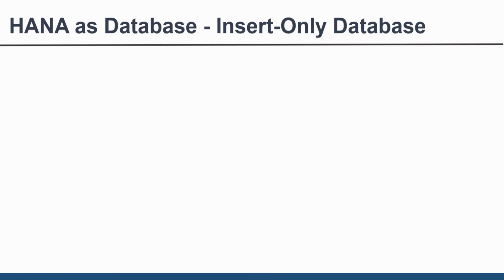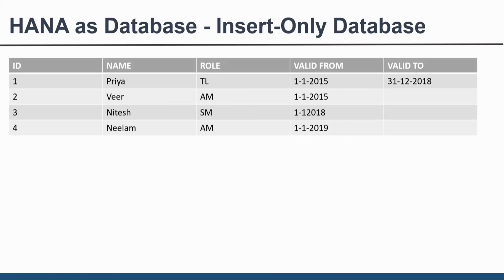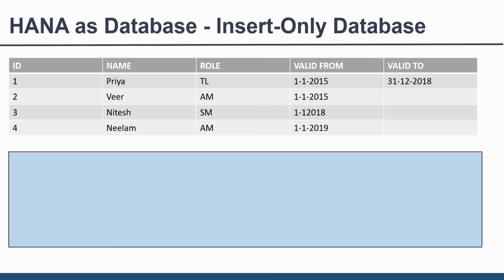We say that HANA is an insert-only database. For example, you can see over here the data is there in 3 columns: ID, name, role, and you can see a 4th column as valid from, and then the next column is valid to. So we say that it is an insert-only database.